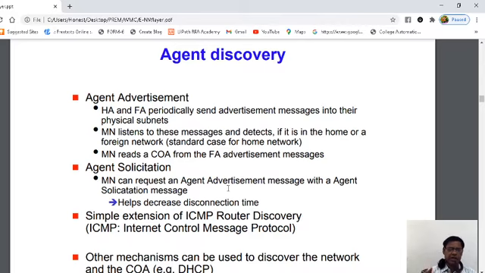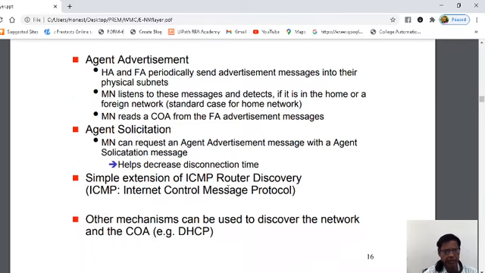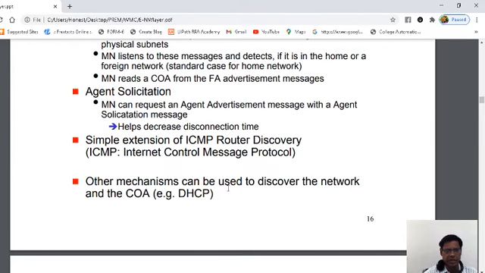The mobile node reads a care-of address from the foreign agent advertisement messages. Agent solicitation: the mobile node can request agent advertisement messages with agent solicitation messages, which helps decrease disconnection time.